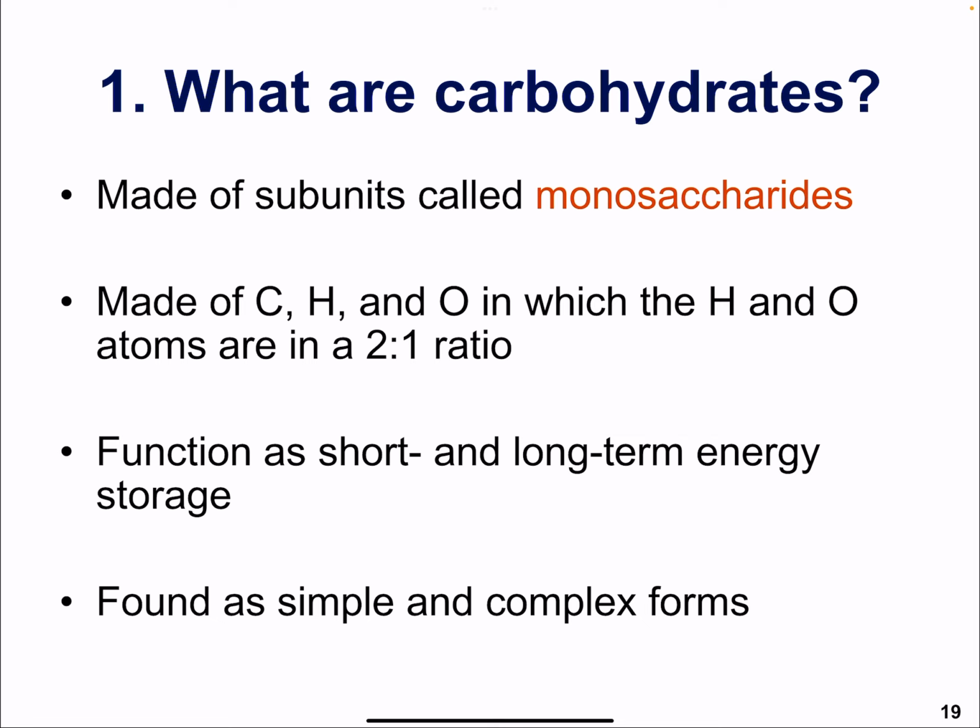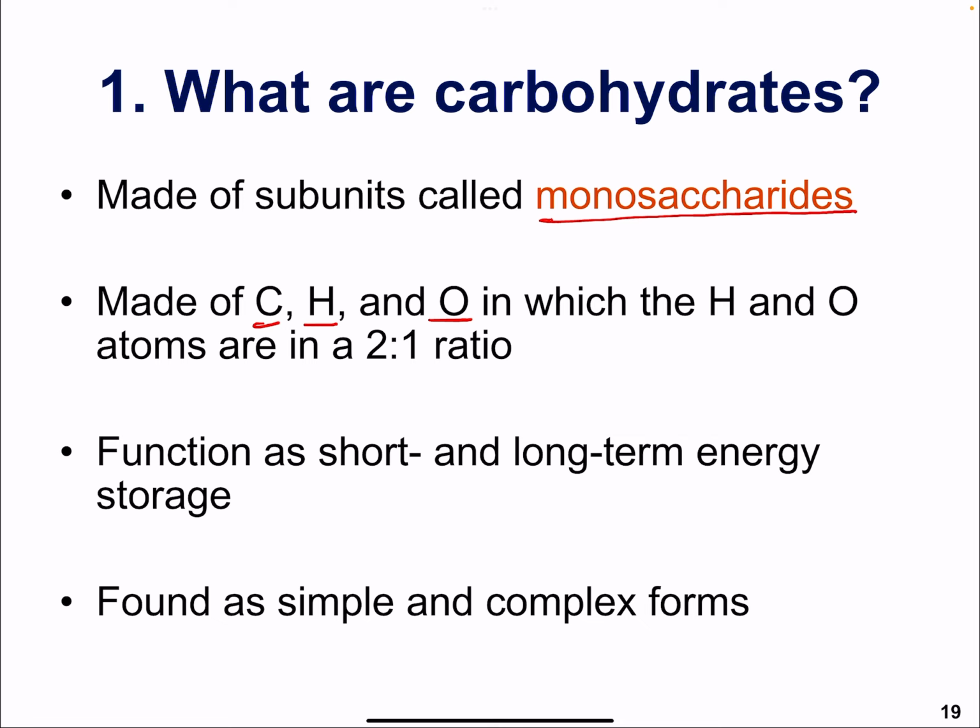Carbohydrates are made up of building blocks. These building blocks, we call them monosaccharides. These monosaccharides are made up of elements including carbon, hydrogen, oxygen. These are the most common elements that are found in sugar.